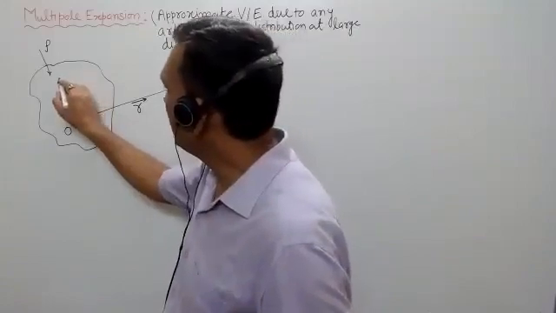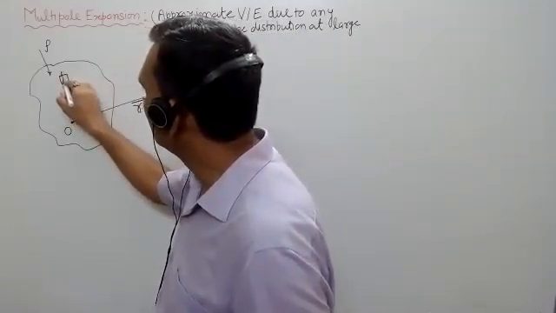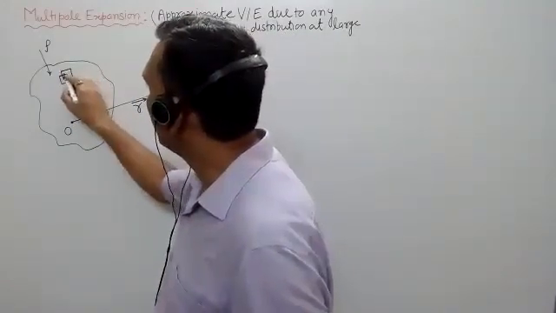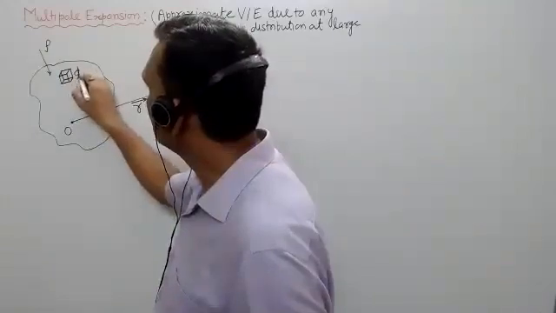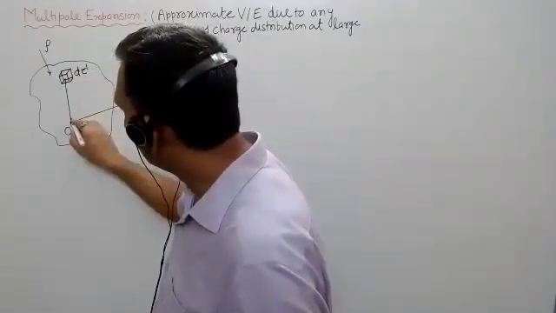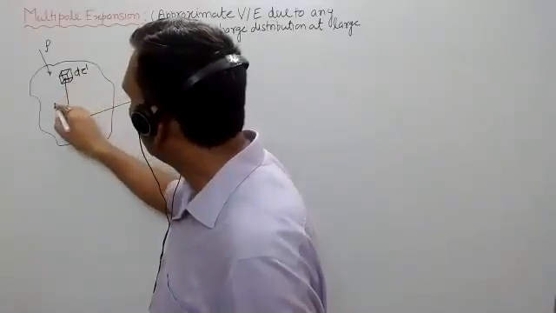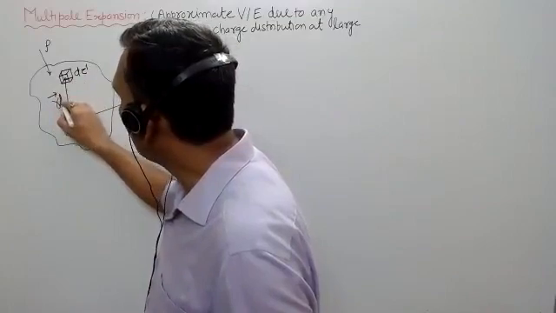So let us consider an elemental volume d tau dash. This is the elemental volume, and its position vector is r dash.